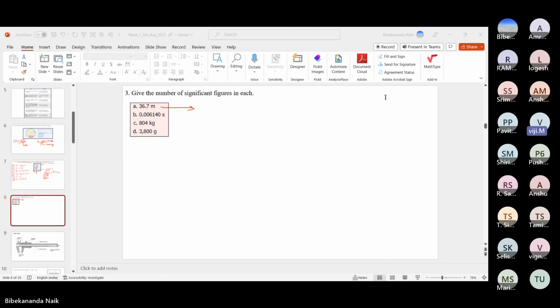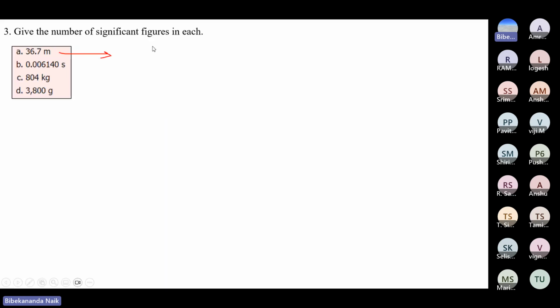Three significant figures. Yes, there are 3 significant figures because according to the rule, if there are all non-zero digits, then they are all significant. So when we are considering 36.7 meter, there are all non-zeros. So the number of significant digits is 3 and they are 3, 6, and 7.